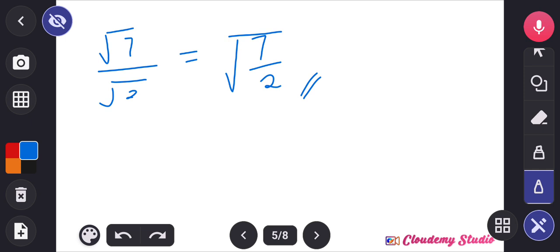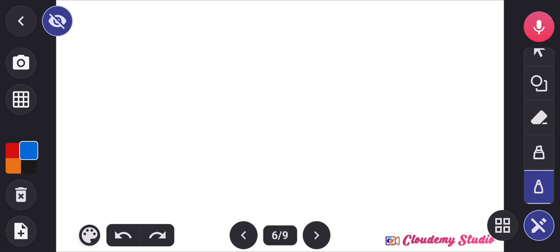And let us now go to the basic form of surd. The first one I will be doing now is, let us say we have root 18. We want to simplify. Let us say they say simplify root 18.